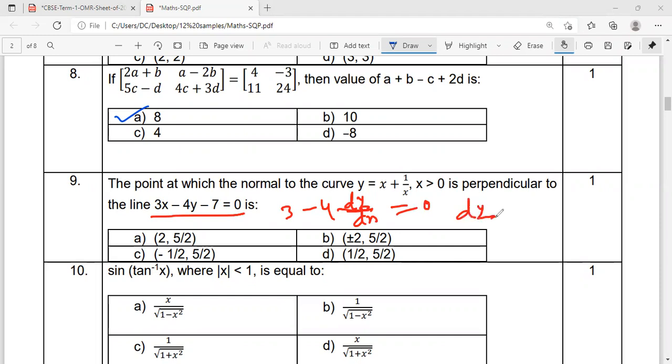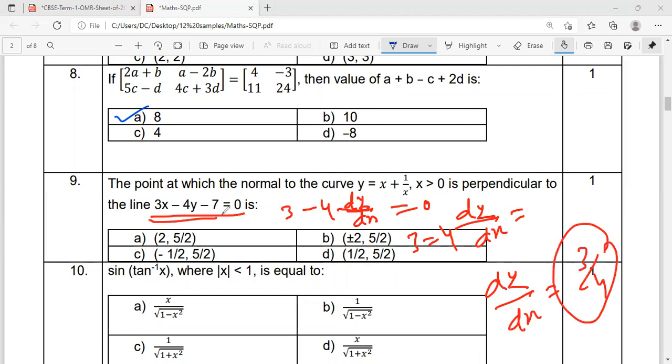So your dy by dx should be 3 by 4. You can write it like this: 3 equal to 4 dy by dx, and then dy by dx should be 3 by 4. The slope of this line is this.